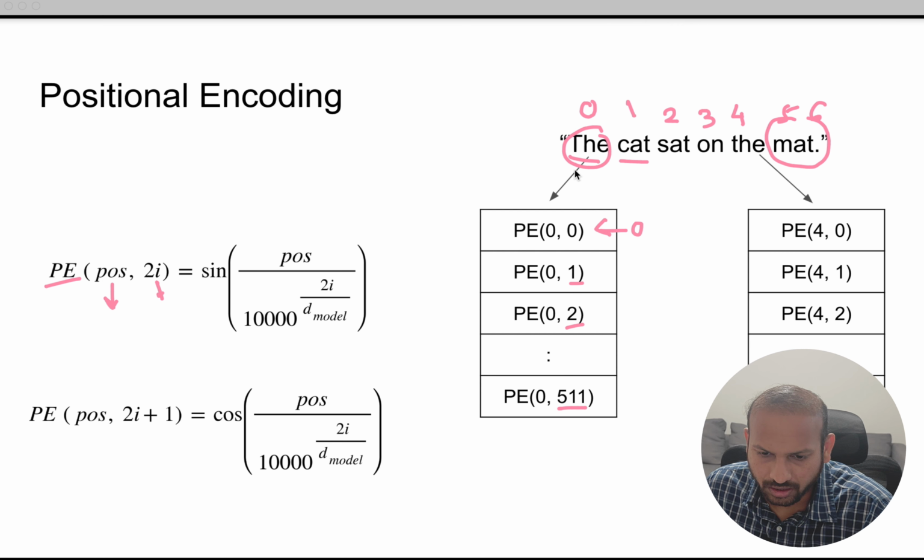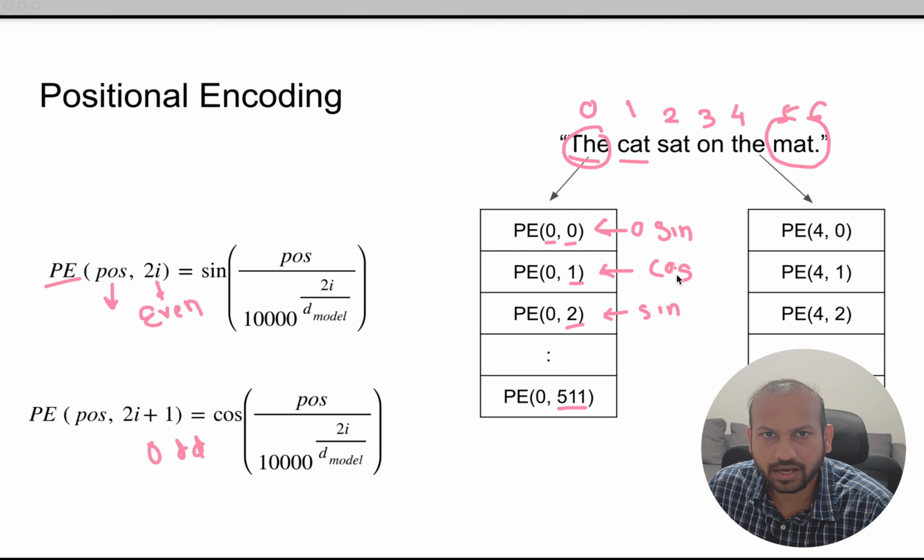So here the position is 0 and the index is 0. Now we have sine and cosine. Sine is used for even indices. So this is for even and this is used for odd. So for this position we will use sine, and for this odd position we will use cosine. So again this is sine, and so on.